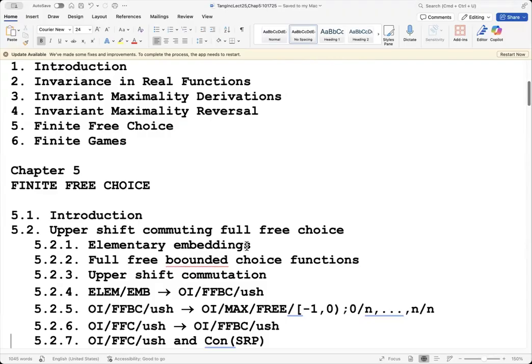Oh, by the way, chapter 4 has been put in final form on my downloadable manuscripts page. I spent a lot of time wrapping up details in chapter 4, which was the derivation section. And the derivation section actually turns out to be even longer than the long reversal section, which was chapter 4.